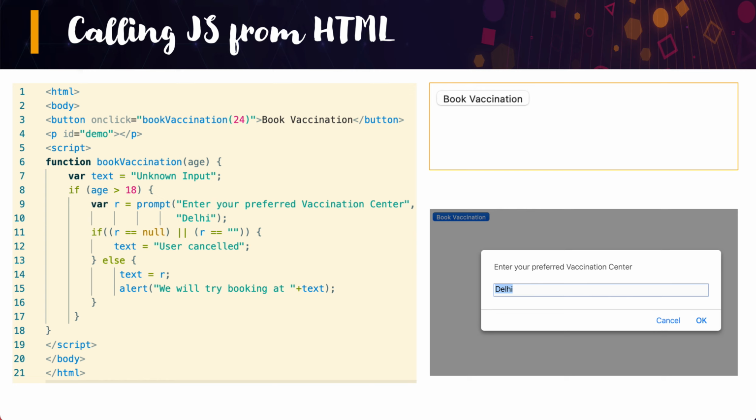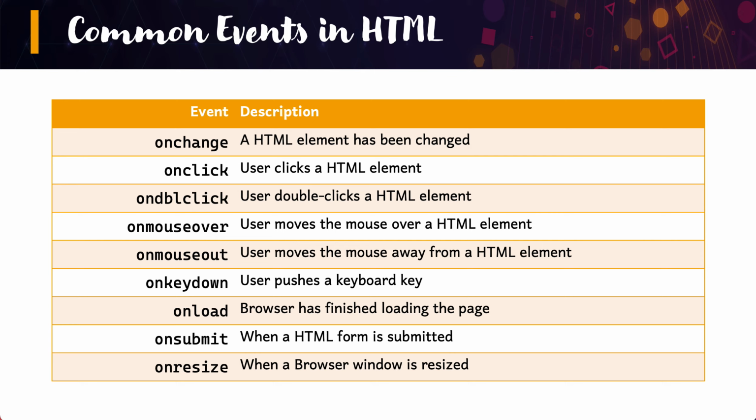Now that we understood the events, what are different kind of events that we have support for in JavaScript? Here are some common events in HTML that you can use to link an event to a corresponding JavaScript function. Note that these are technically called DOM events, and their list is actually much bigger than what is there.